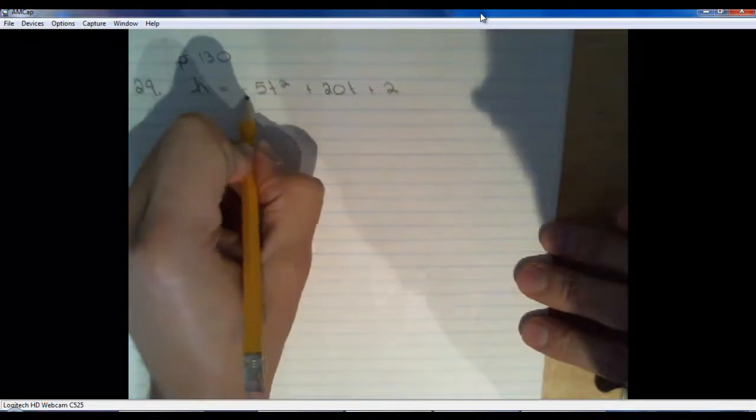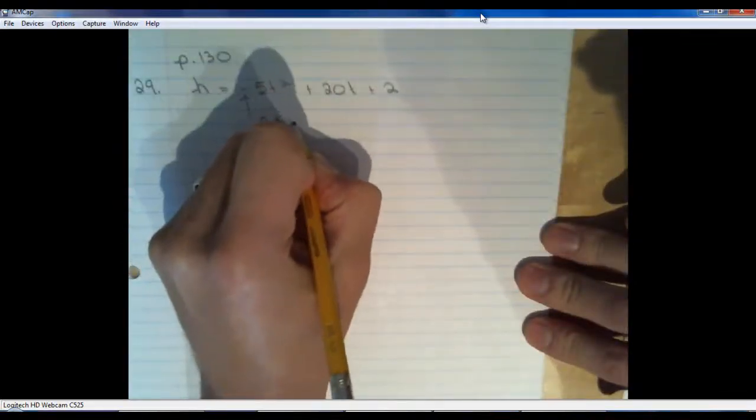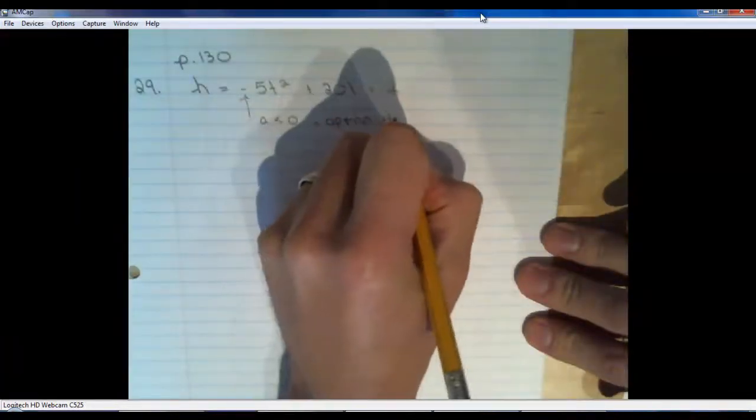First off, the equation here, h is equal to minus 5t squared plus 20t plus 2. It gives us some information already. This negative sign means a is less than 0, and it opens down.